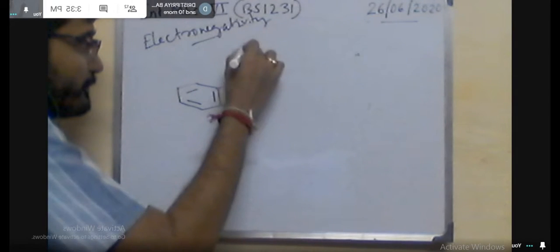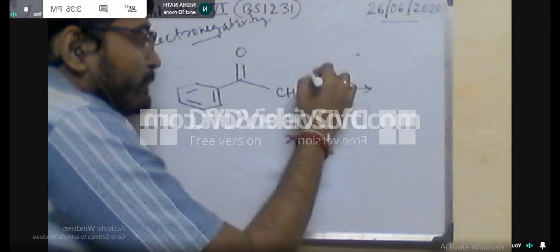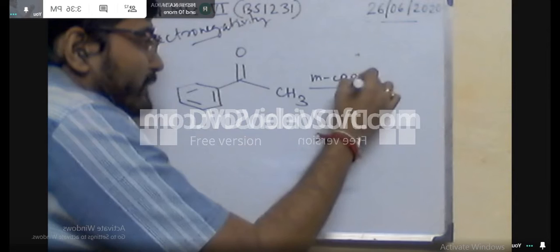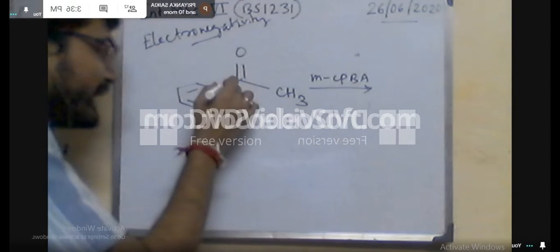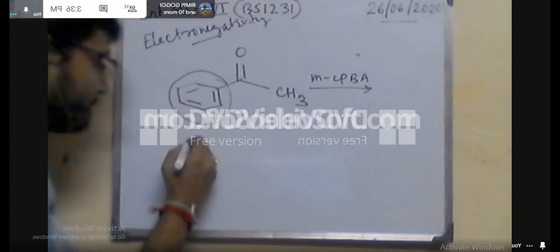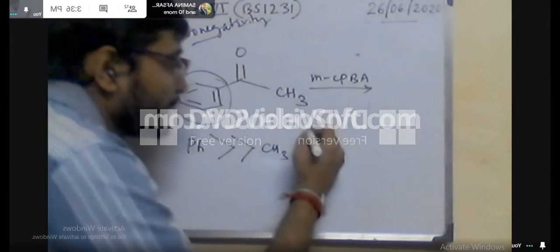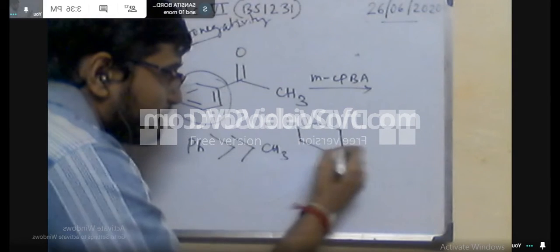Okay. But if some electron withdrawing group or strong electronegative group is attached to this benzene ring, like say nitro, you know nitro has the minus M effect as well as minus I, but between the minus M and minus I, the minus M effect is more predominant over the minus I effect, that means the inductive effect.